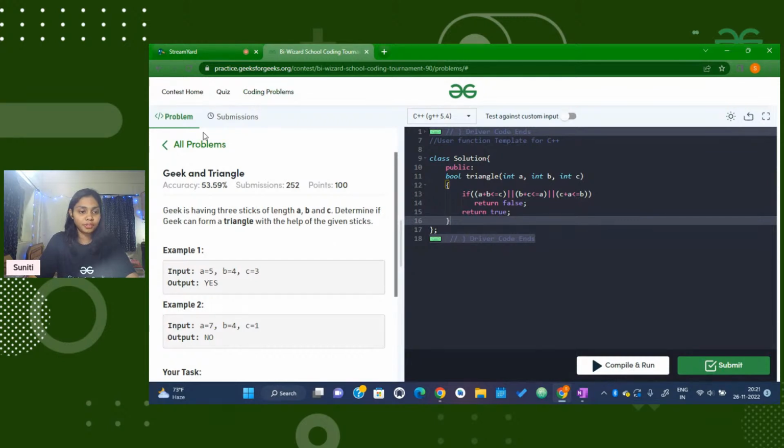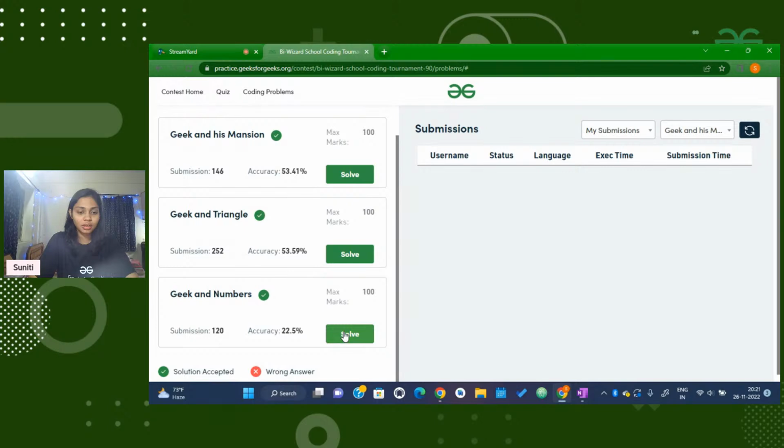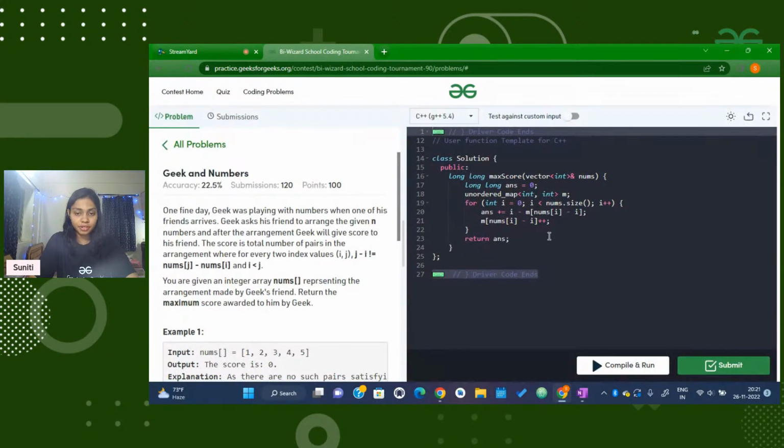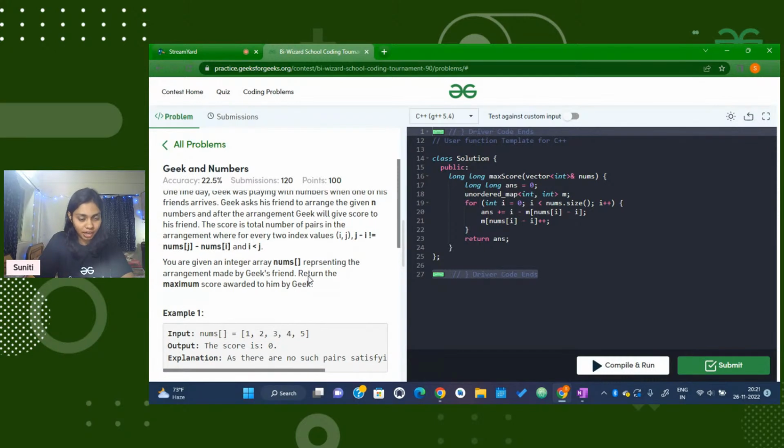Okay, so let us now move to our next question, that is Geek and Numbers. The question statement reads: one fine day, Geek was playing with numbers when one of his friends arrives. Geek asks his friend to arrange the given n numbers, and after the arrangement, Geek will give a score to his friend.